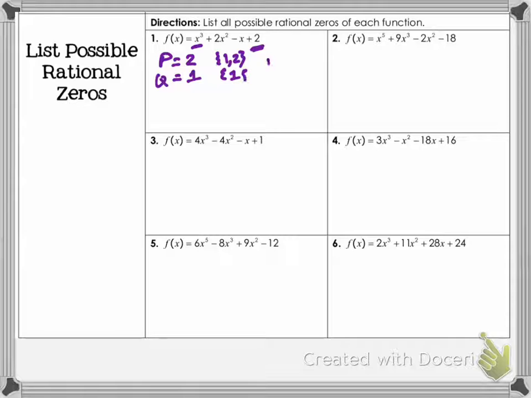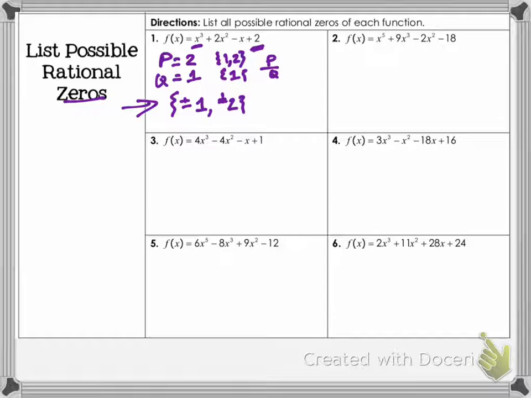So all possibilities of P over Q are 1 over 1, so plus or minus, I'll just write 1 for 1 over 1, and plus or minus 2 over 1. So I'll just write plus or minus 2. So that would be the possible rational zeros.